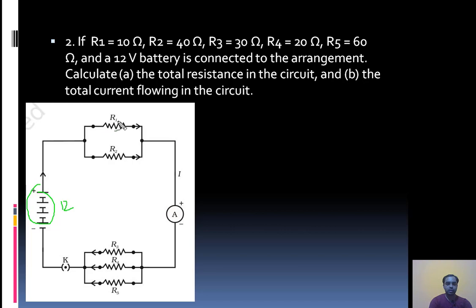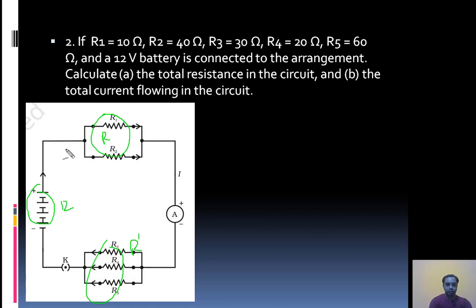Now here you can see R1 and R2 are connected in parallel. Okay, so first we need to find out the total resistance of these two, then the resistance of these three. After that, these two are connected in series. Now suppose here we take this as R and this one as R dash.